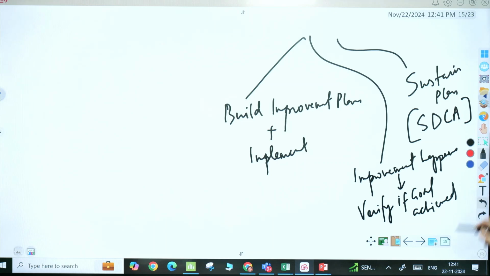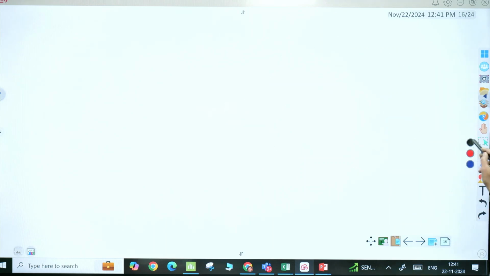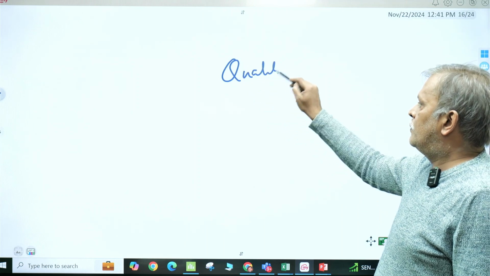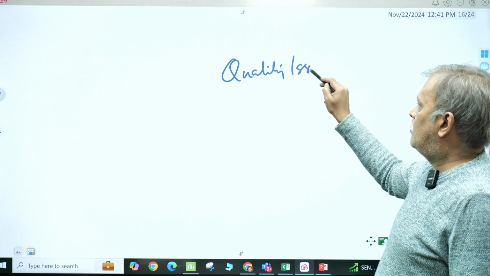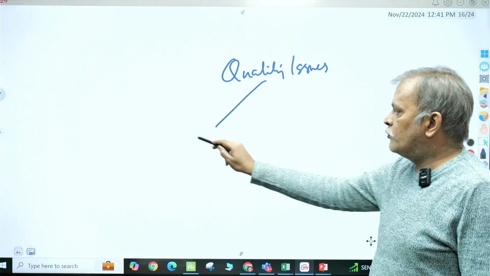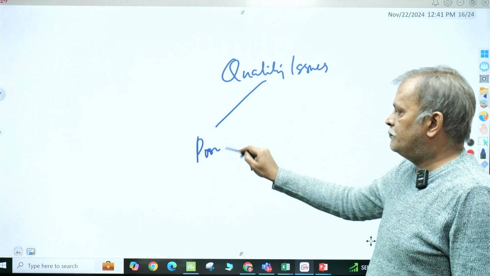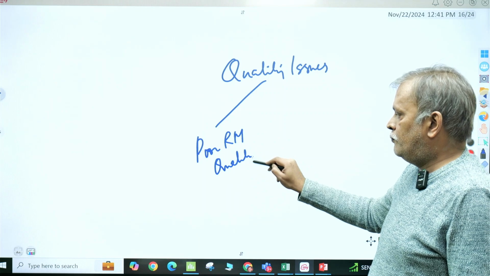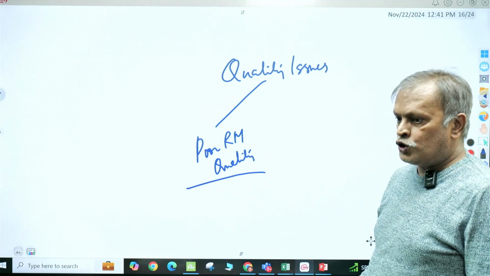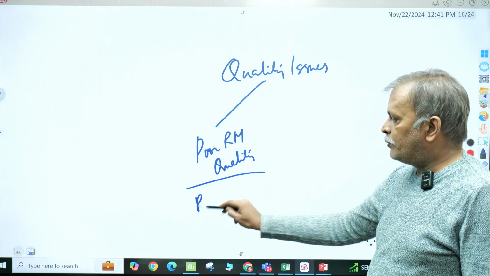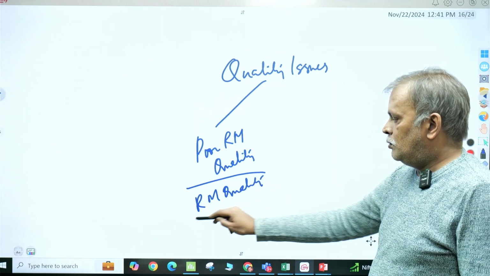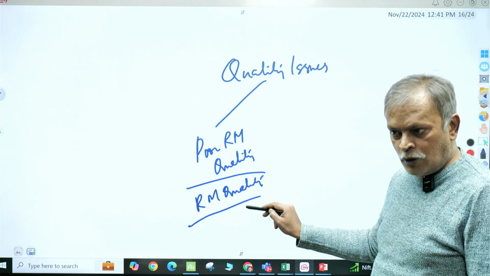So now you've identified, let's say for instance, you found out that quality issues were happening because of poor raw material quality. So you've now made the RM quality processes, इसका inspection process को आपने strong कर दिया.